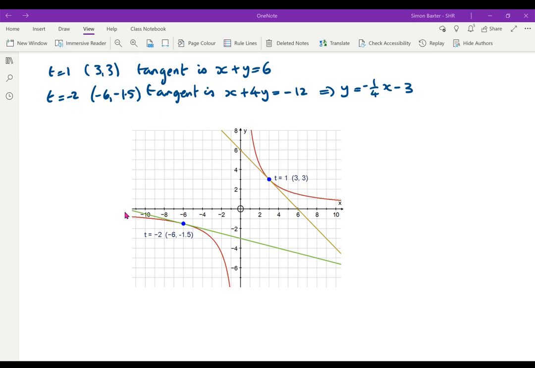And when t is minus 2, we have the point minus 6, minus 1.5. The tangent is y equals minus a quarter x. So gradient of minus a quarter, and it goes through the point where y is minus 3 on the y-axis.